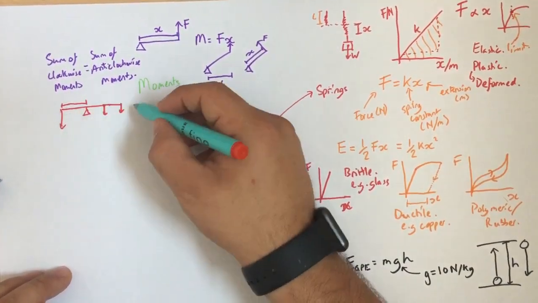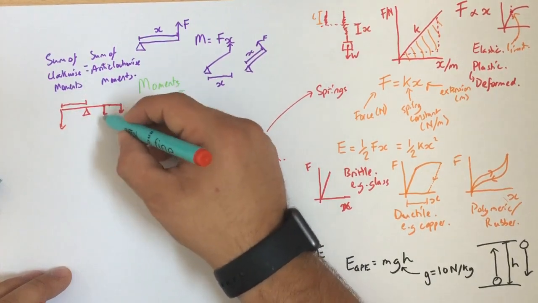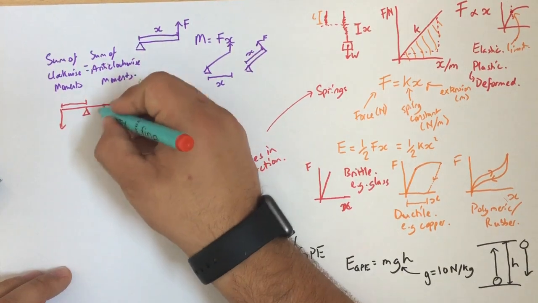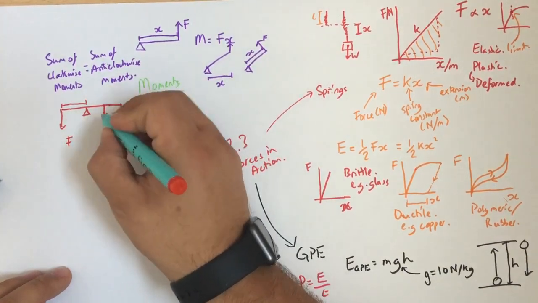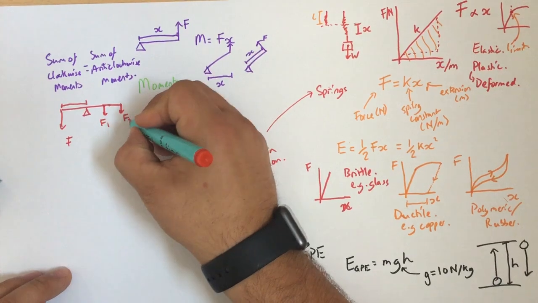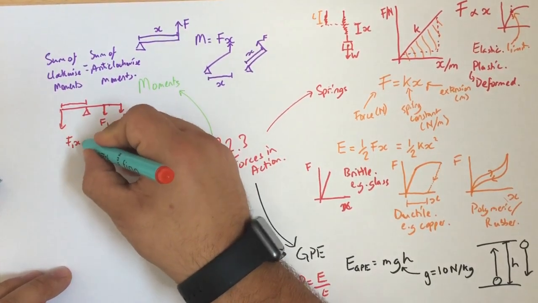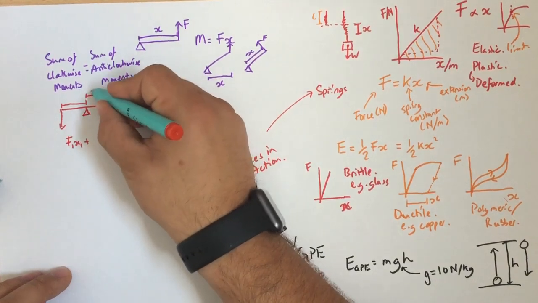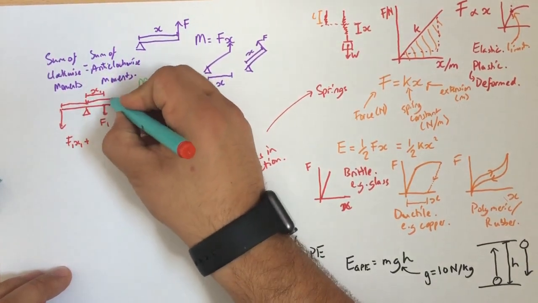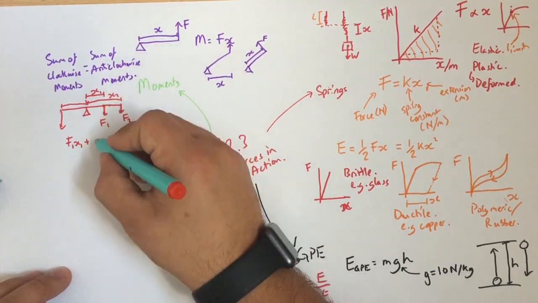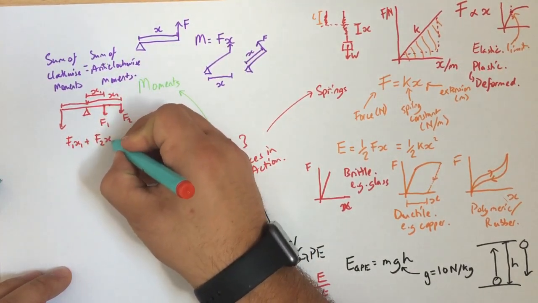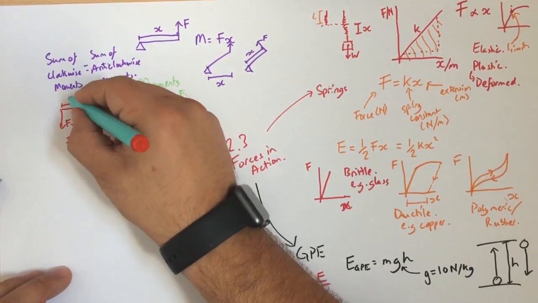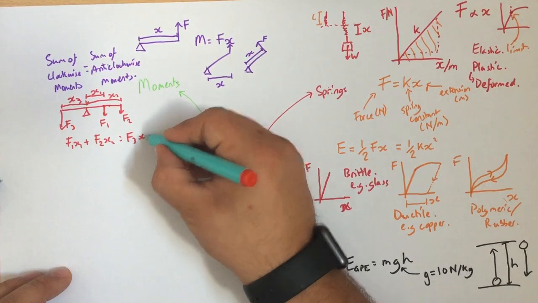The clockwise moments, if this is balanced, are actually on this side, because going clockwise that way, back towards the pivot, would be the two distances. So if I call this F1 and this F2, then F1 times X1, which is the distance from the pivot to F1, and the distance to the other one, would be equal to F3, which would be this larger force, and X3.